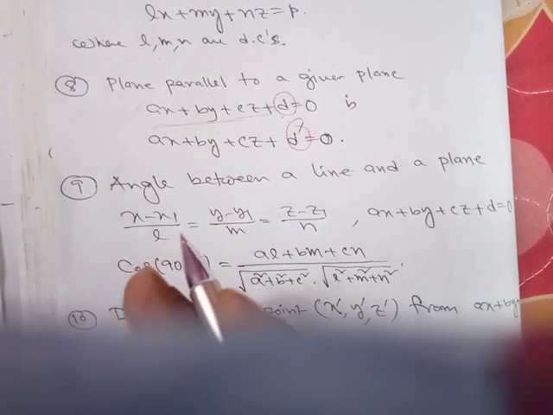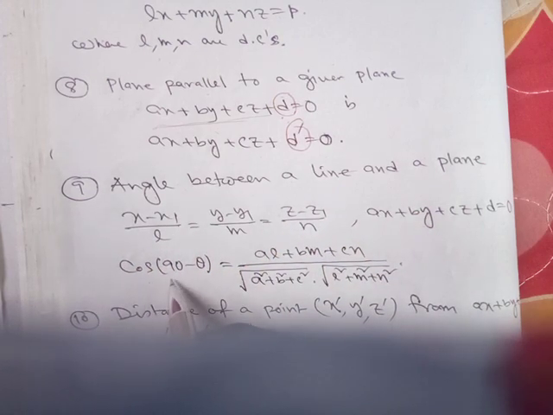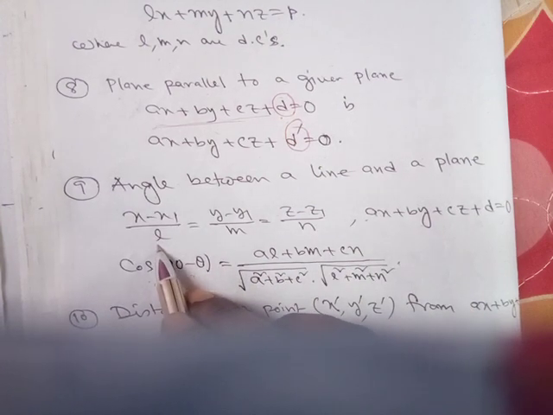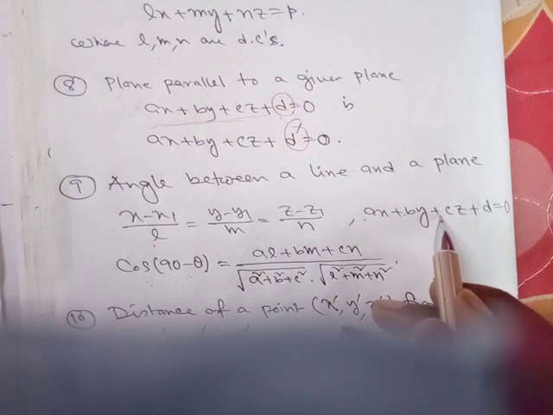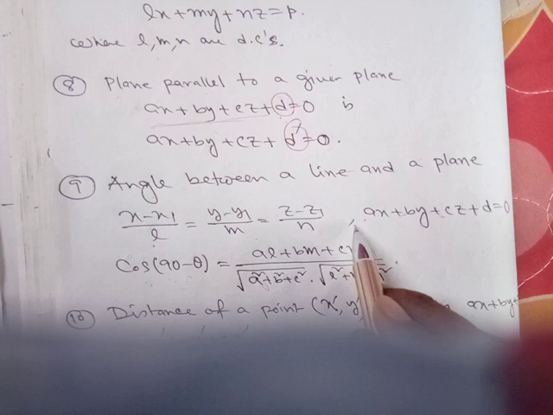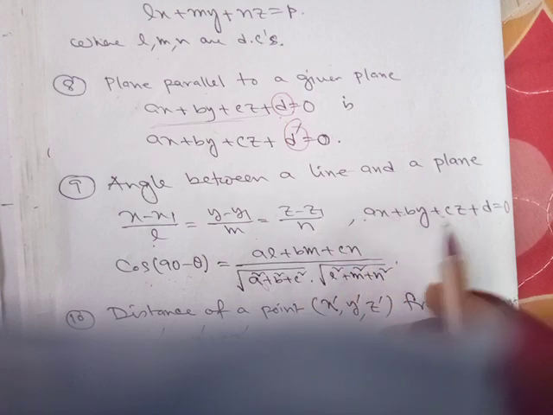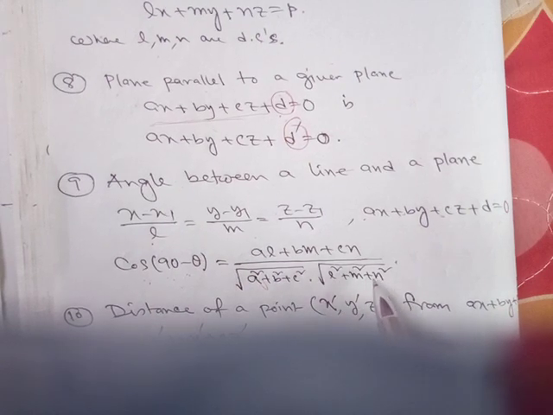If asked to find the angle between the line and the plane, then cos of 90 minus theta, the complementary angle, equals al plus bm plus cn divided by root over the sum of squares of the direction ratios of the plane into root over l square plus m square plus n square, the sum of squares of the direction cosines of the straight line.